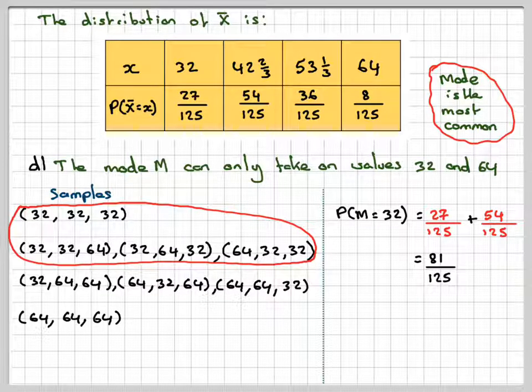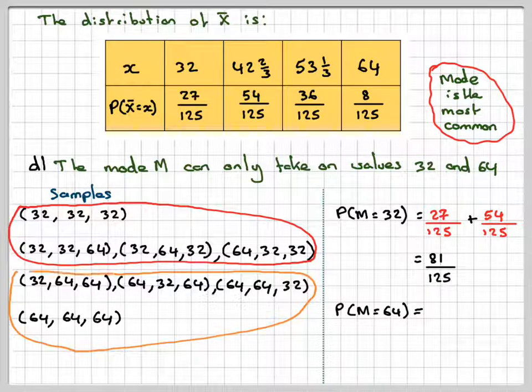And for the mode to be 64, well, it's going to be these 3 here and this one here. That's where that happens. That's going to be these 2 from the table. So it's going to be 36 over 125 plus 8 over 125. Writing that out, that gives me 44 over 125.